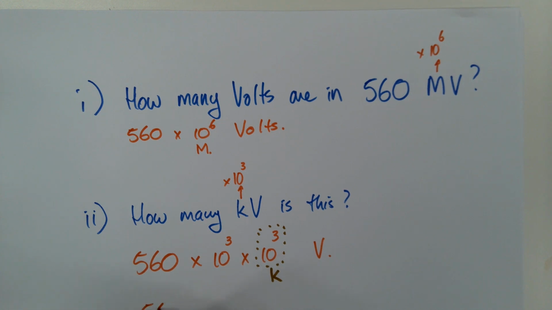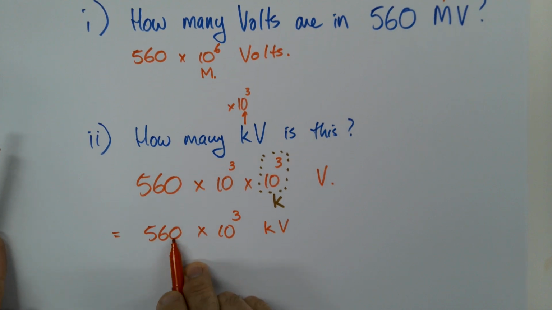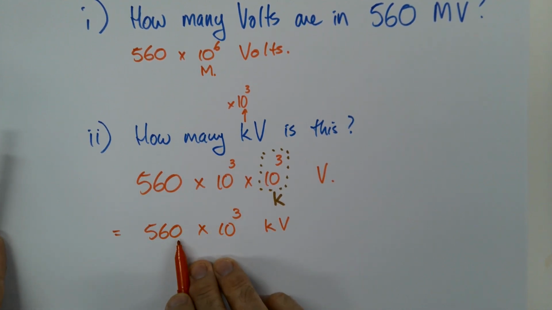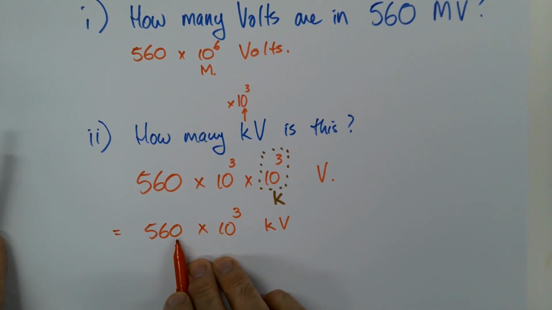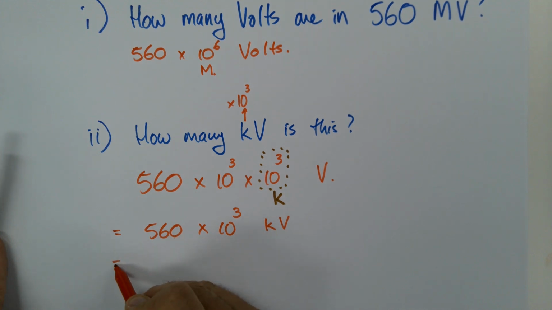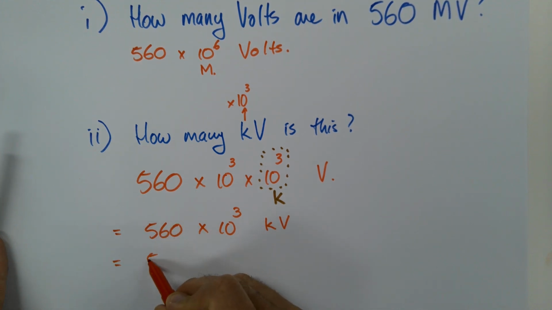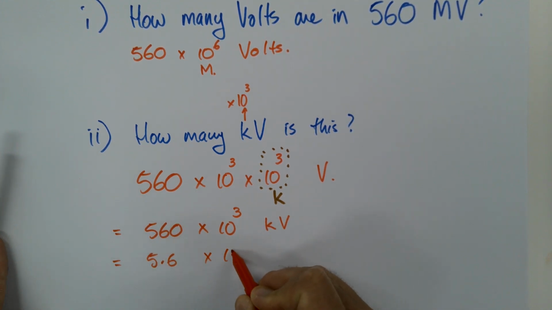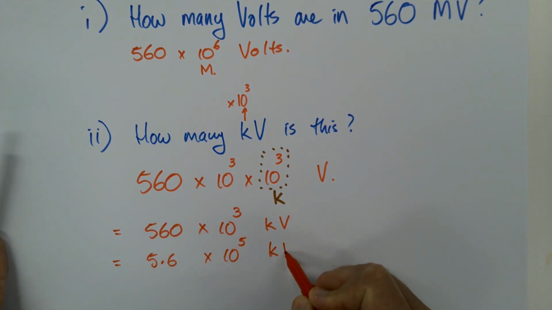So that's 560 by 10 to the 3 kilovolts. Now that's not scientific notation at all. So we've got to jump this over 2 decimal places by 10 to the 5 kilovolts.